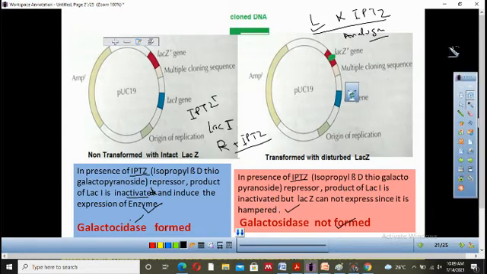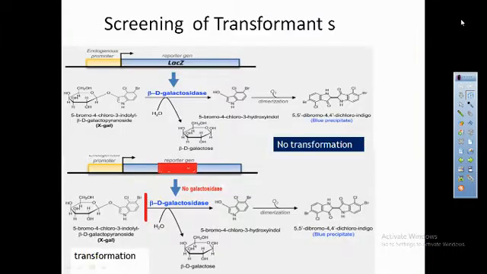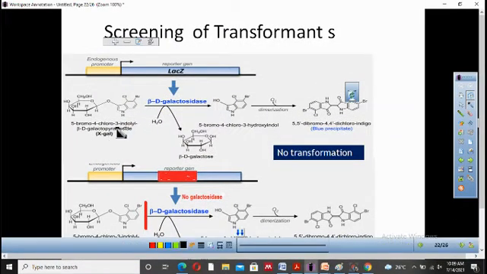So how can you screen and visualize these transformants? These transformants can be visualized by using an indicator, and that indicator is X-gal. X-gal is the substrate for beta galactosidase, that is 5-bromo-4-chloro-3-indolyl beta-D-galactopyranoside. When IPTG is present, the repressor is inactivated and the expression goes on.